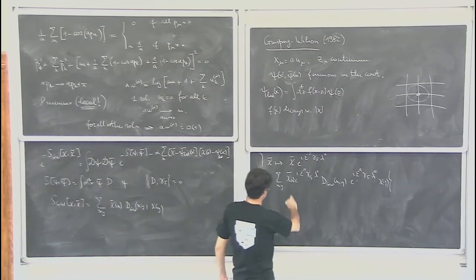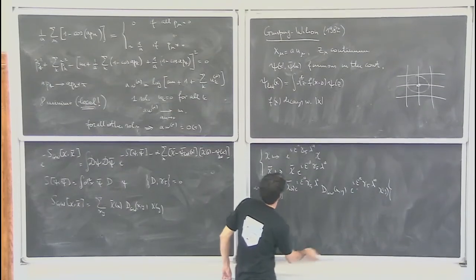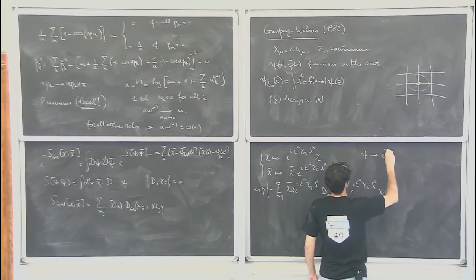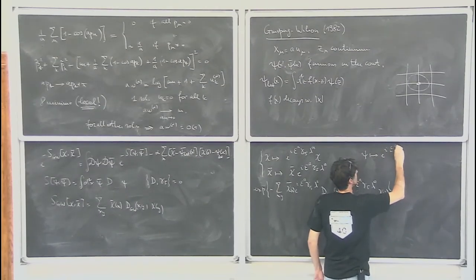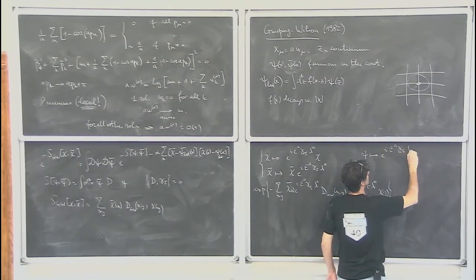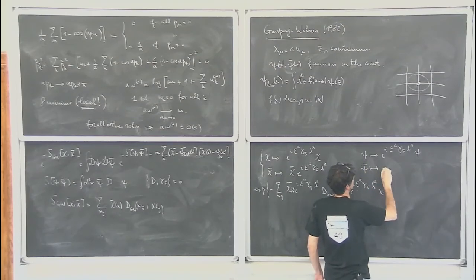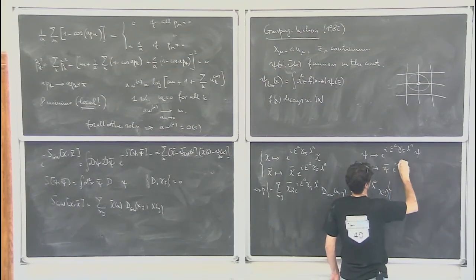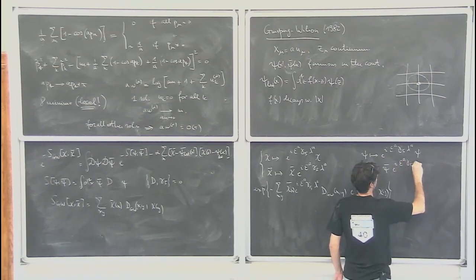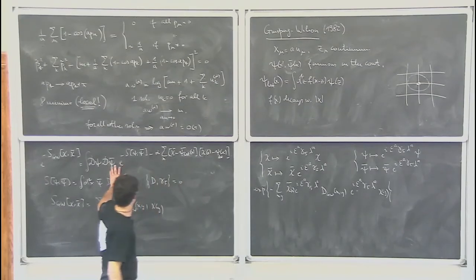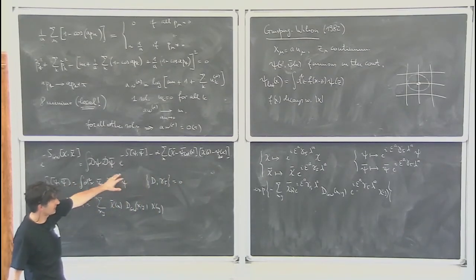I can make a change of variables which is given exactly by this chiral transformation. Okay. Remember, in this equation here, these are just integration variables.